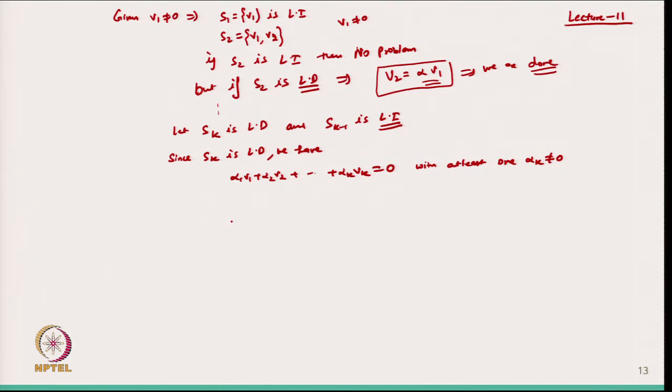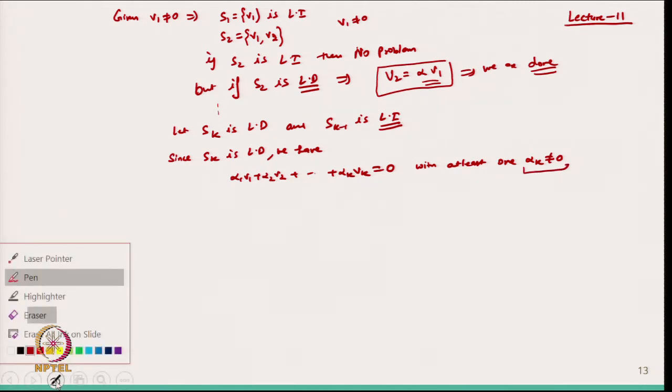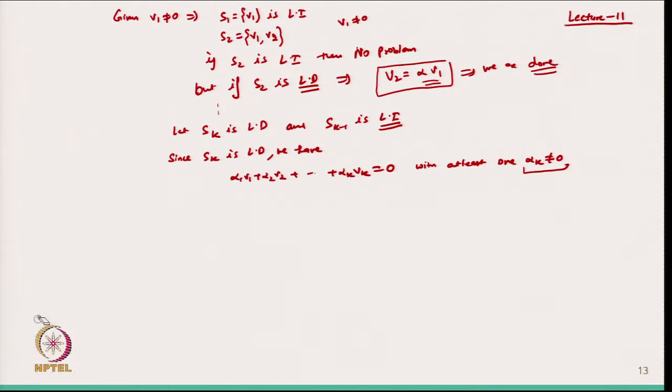Now, we are choosing alpha k not equal to 0. Surely alpha k is not equal to 0.